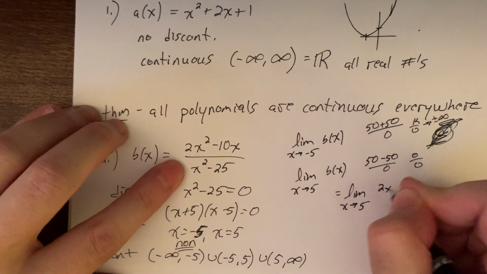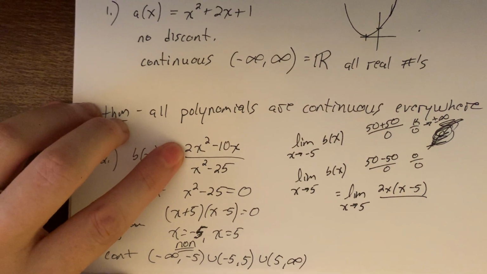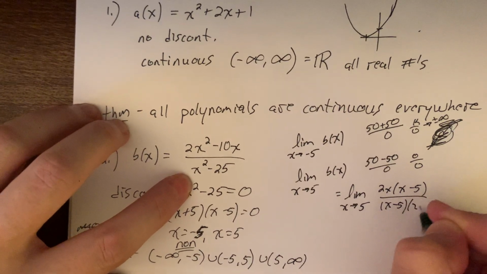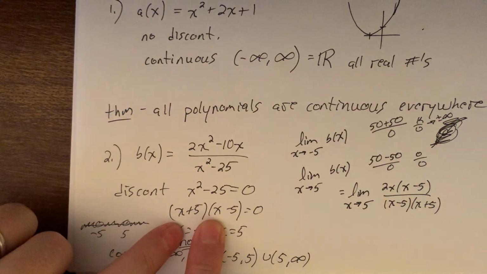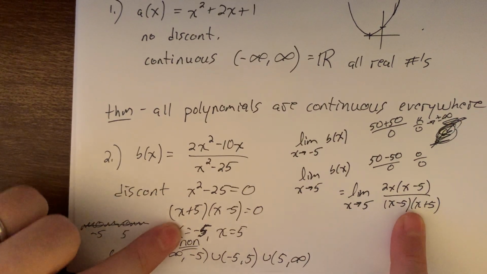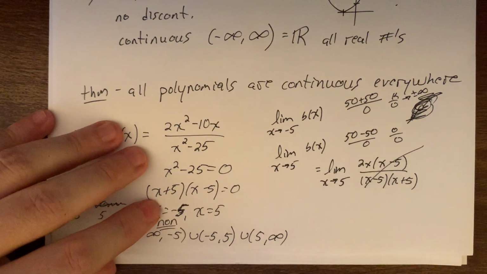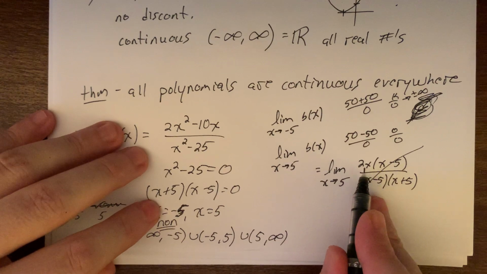This one I'll manipulate by factoring. The top, just a little 2x as a GCF comes out. Bottom, don't think too hard about it, right? You already had to solve this equation. So by factoring here, that already got me closer to the factoring I needed here. Cancel my common factor. And now when I plug in, 2 times 5 is 10.